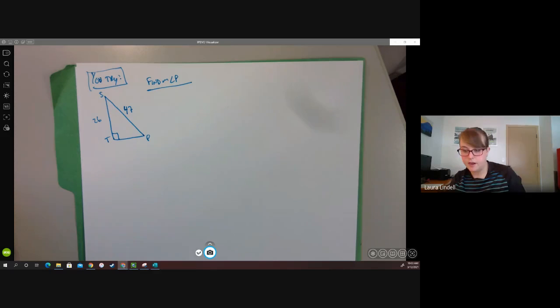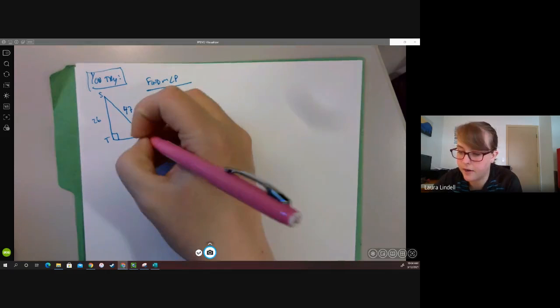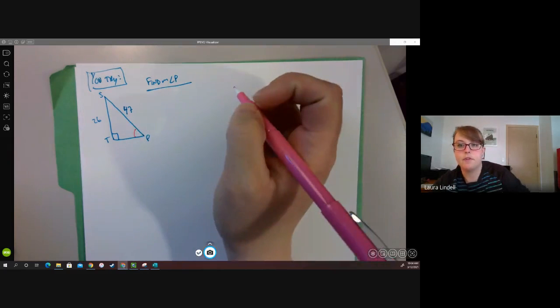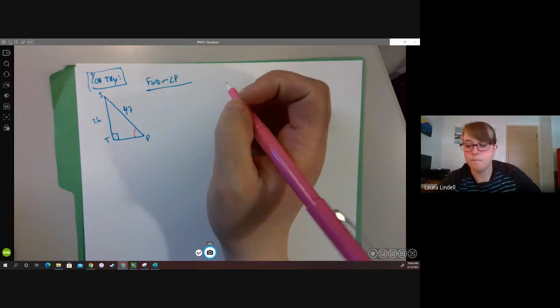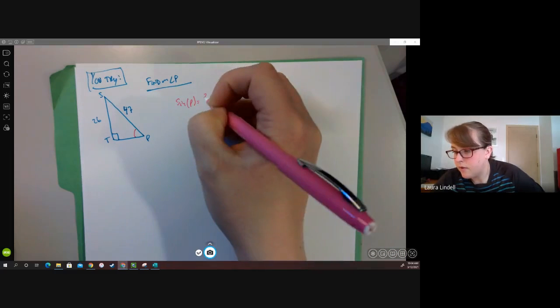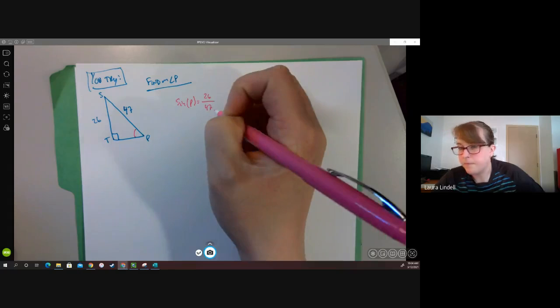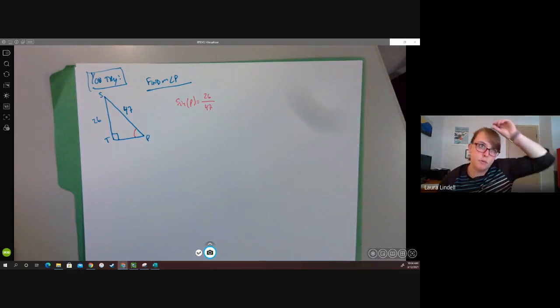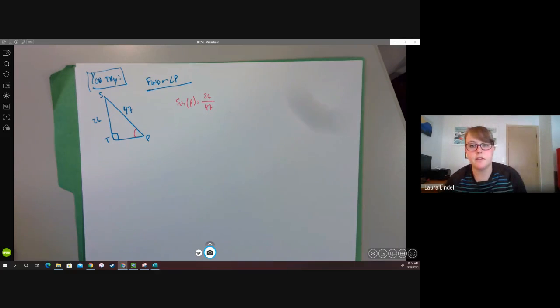All right, Jade's already got it. If you chose to use sine, you're on the right track. All right, everybody's getting it here. Sine of P equals 26 over 47. If that's the equation you set up, you're doing good.